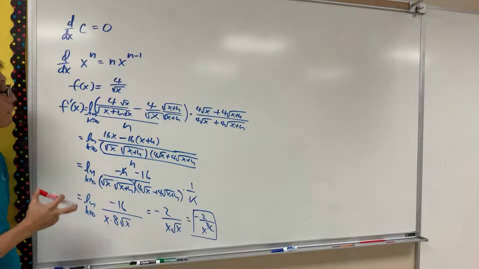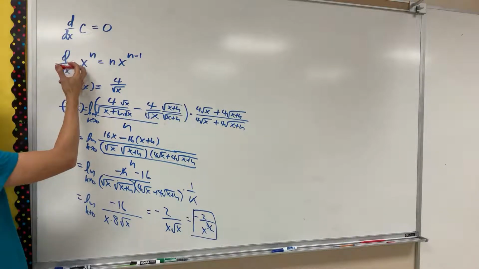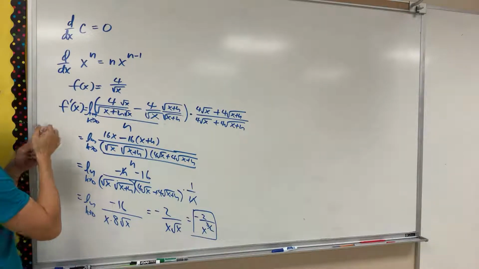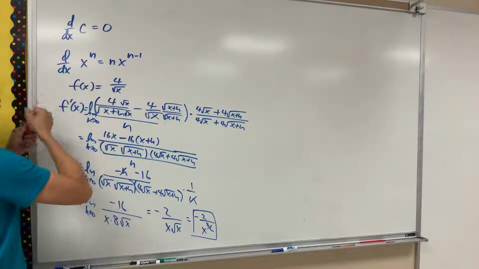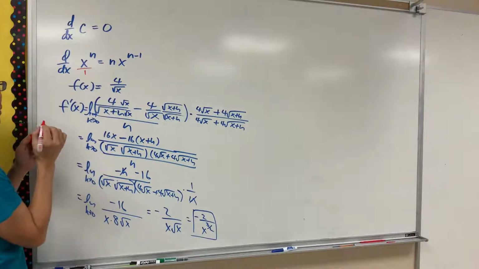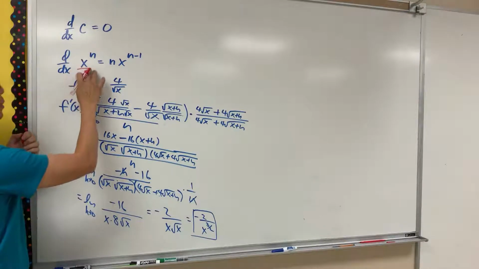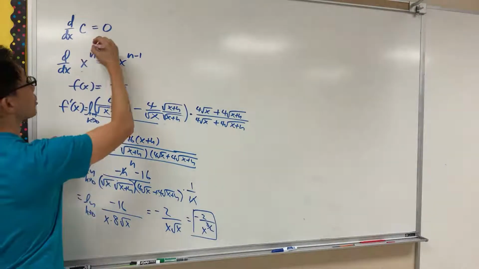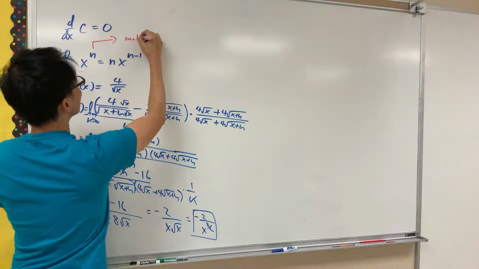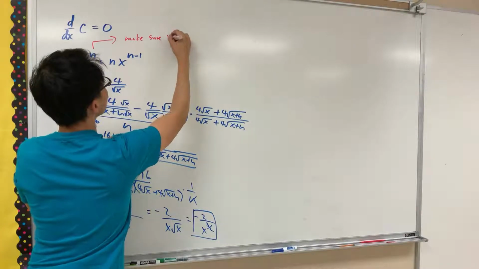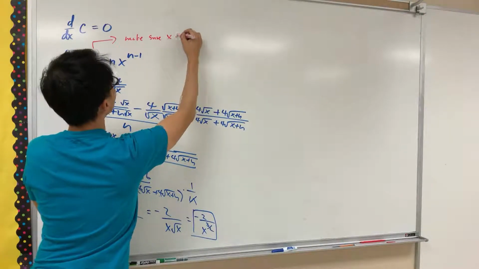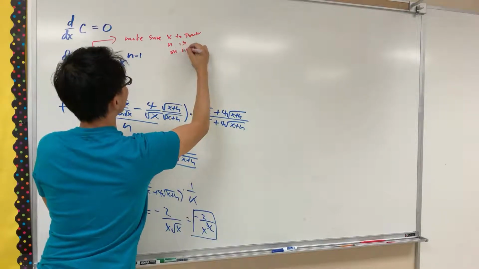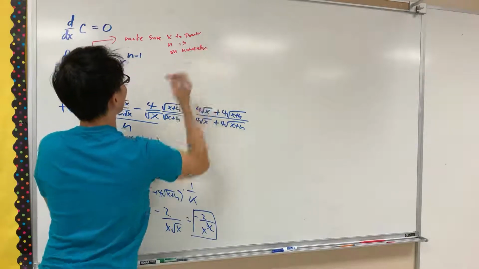So what does this mean? d/dx of x to the n equals n x to the n minus 1. Now you have to make sure x is in the numerator. This is actually over 1. So in order to take a derivative, that x needs to be in the numerator, so make sure x to the power n is on the numerator.